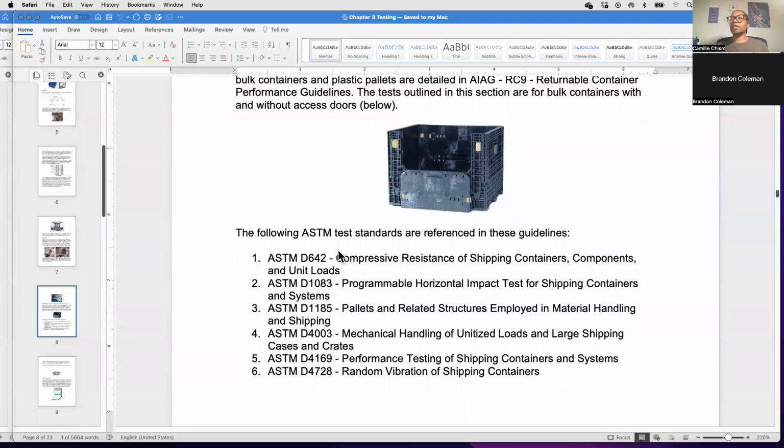Whatever tests are recommended, once you get to ASTM testing, you are following this to the letter. Any lab that is doing an ASTM or an ISTA test is doing the exact same thing. They may have slightly different equipment, but that equipment has to perform to the rigorous test standards set in place by ASTM or ISTA.